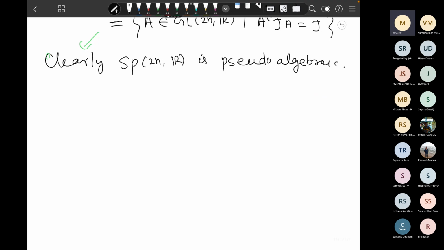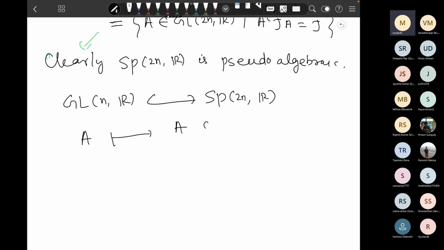Now, my claim: GLn(R) sits inside Sp2n(R). There is an embedding of GLn(R) inside Sp2n(R). And what is the map? A goes to the block matrix [A, 0; 0, A transpose inverse]. Let us check that. So A belongs to GLn(R).